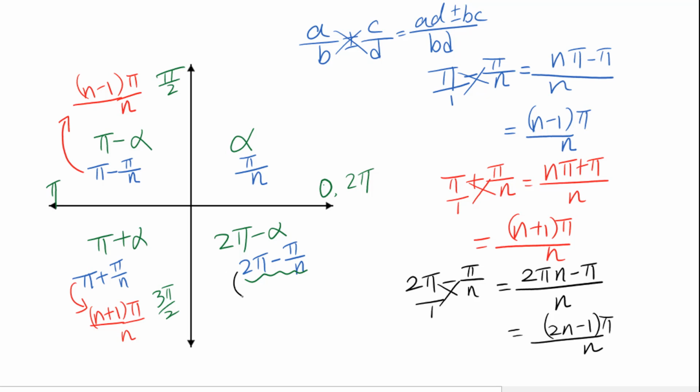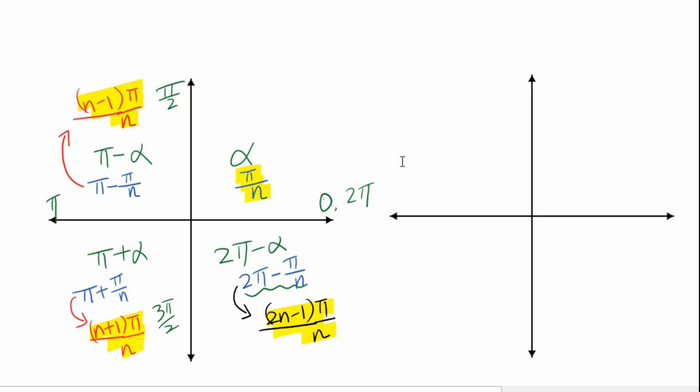So this one, I can write down 2n minus 1 pi over n. So this pi over n, n minus 1 pi over n, n plus 1 pi over n, and 2n minus 1 pi over n show the angles for the unit circle.